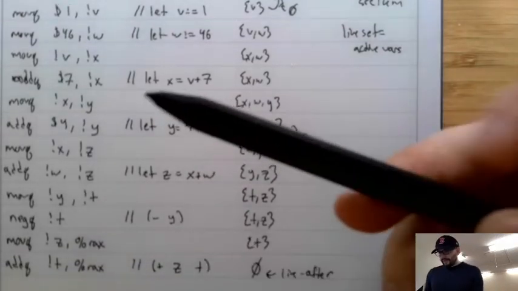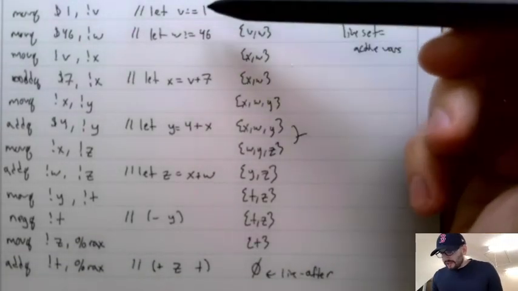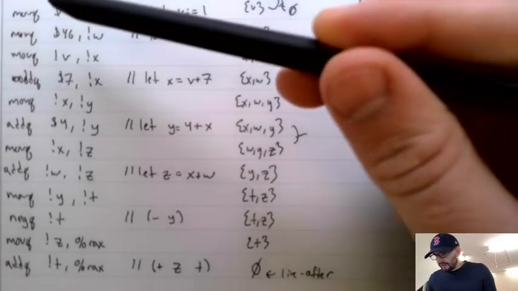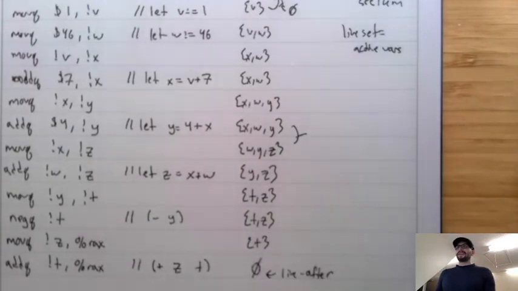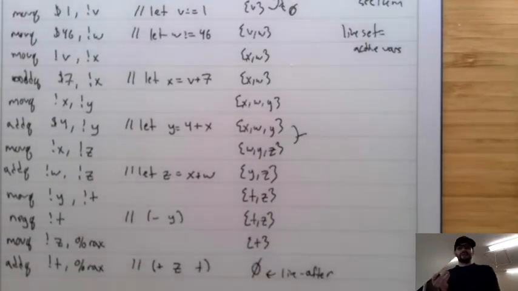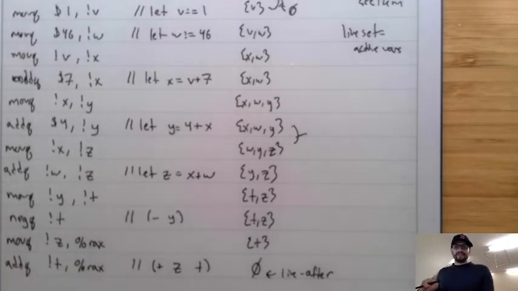Going from the top, our program started with let v equals 1, so we move 1 into v. Notice that I have an exclamation point here. This is just a typographical hint to tell me that this is a variable, to help me remember that this is the version of the X language before I've removed variables.